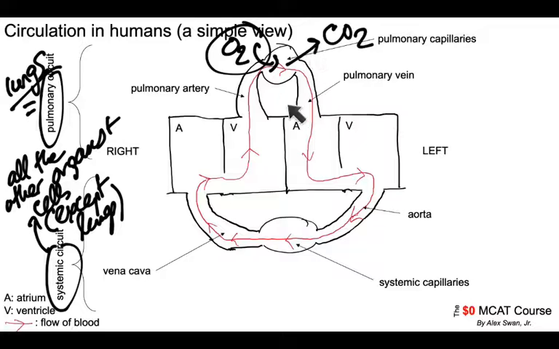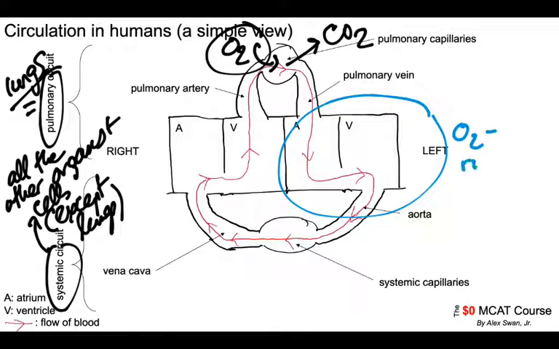Now we have this blood right here, right? And right here, blood is going to be oxygen rich, right? So this blood is going to return via the pulmonary vein to the left atrium. And we can clearly see now that the left side of the heart is going to contain oxygen-rich blood because it just came from the lungs, right?